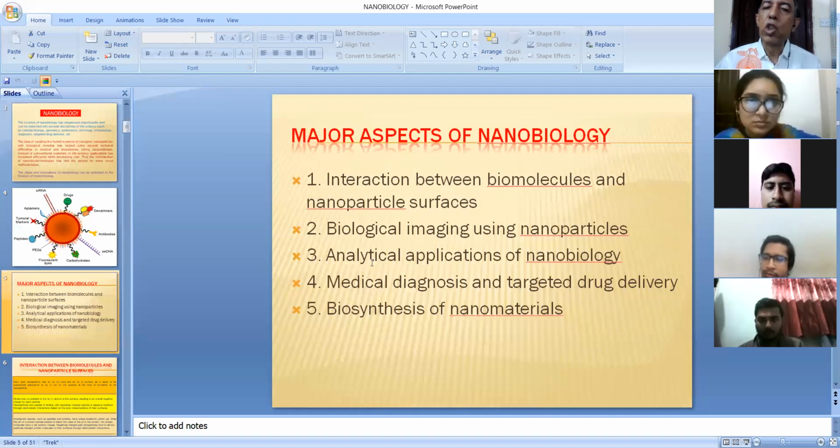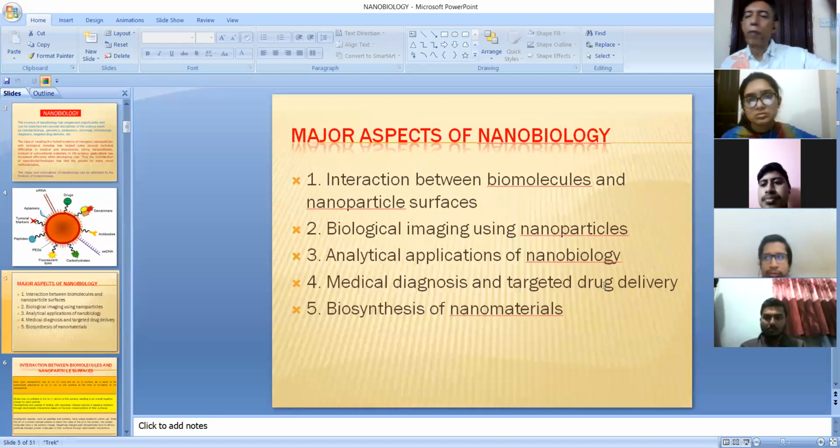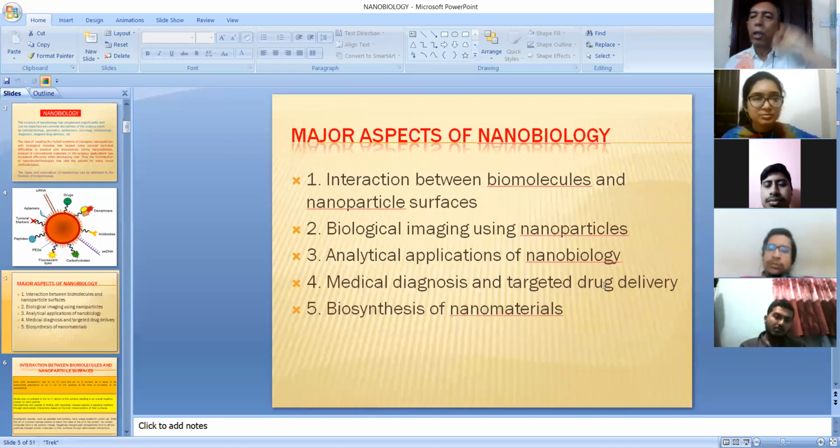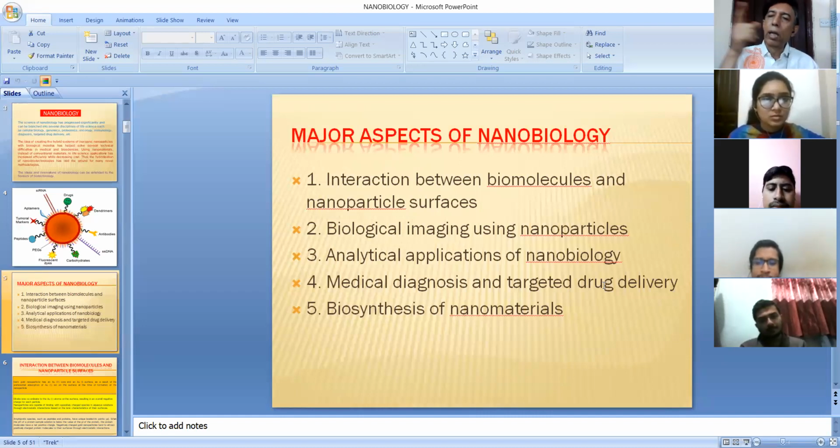Analytical application of nanobiology, that means you can analyze a biological object. Say, for example, nowadays we are hearing about the different variants of coronavirus. There are variants of South Africa, Brazil, and UK. Now, what is a variant?